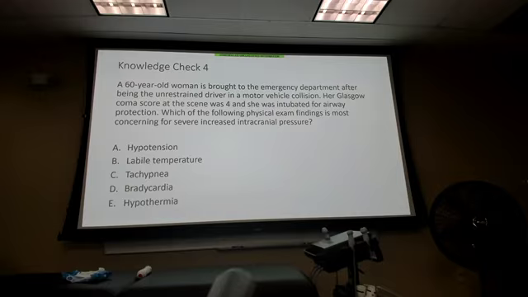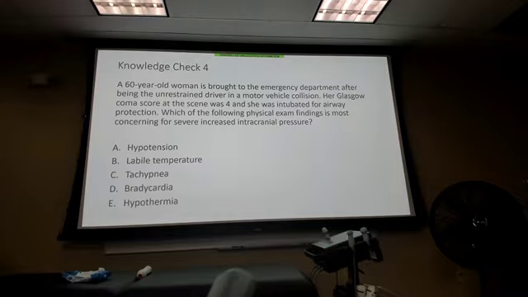Okay. All right, you have a 6-year-old woman who's brought to the emergency department after being an unrestrained driver in an MVC. GCS at scene was 4, intubated for airway protection. Which of the following physical exam findings is most concerning for severe increased intracranial pressure? Anybody disagree with bradycardia? Can you see hypotension? Not in the initial impending phase.